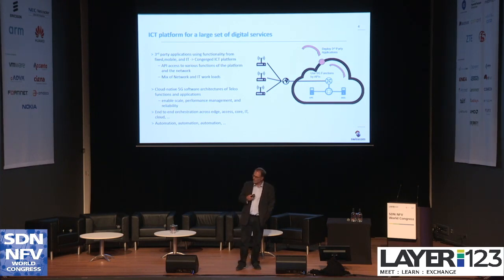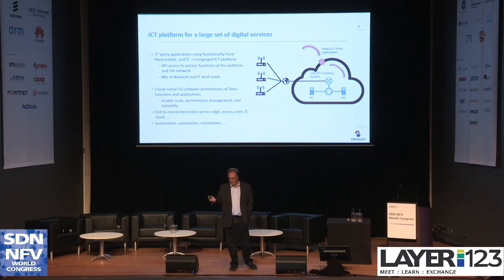If you have an IoT service, you talk to a certain IoT component from our network through an API or something like that. So that's a way to enable third parties to come on our platform. Naturally we need certain API access. It also means there's a mix of network and IT workloads. I'm going to show in one of our examples an important one: if you need to run SAP plus 5G network functionality on the same cloud.